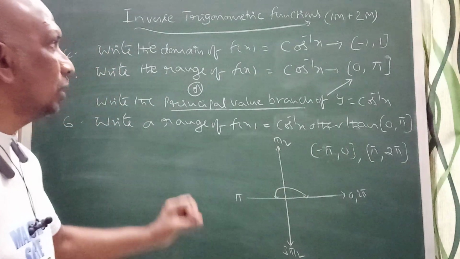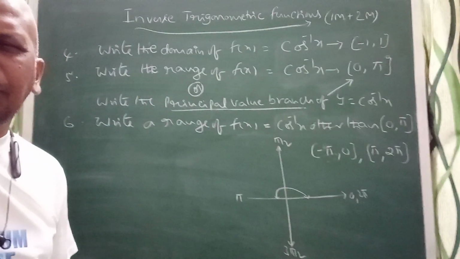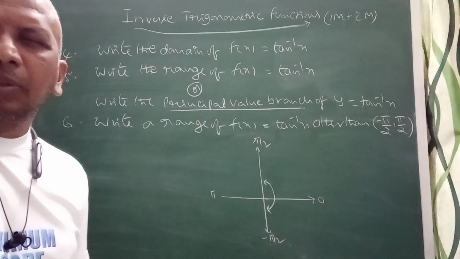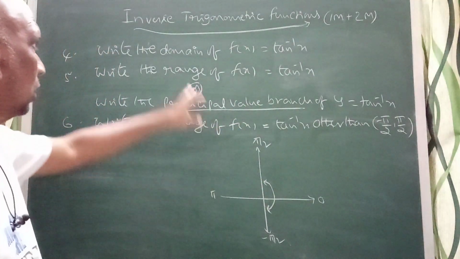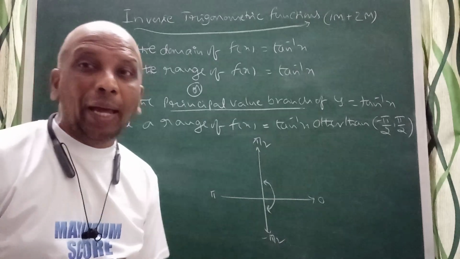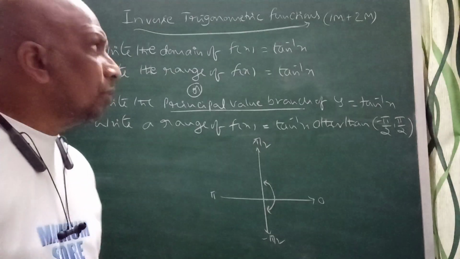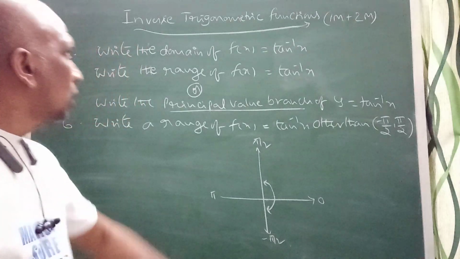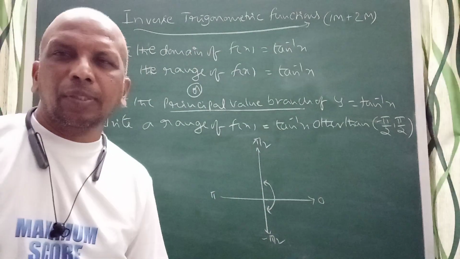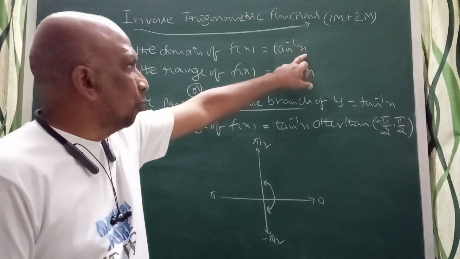Now I will explain the case of tan inverse x. Similar to cos inverse x and sin inverse x, think about the domain of f of x equal to tan inverse x. They are asking again about the input x.